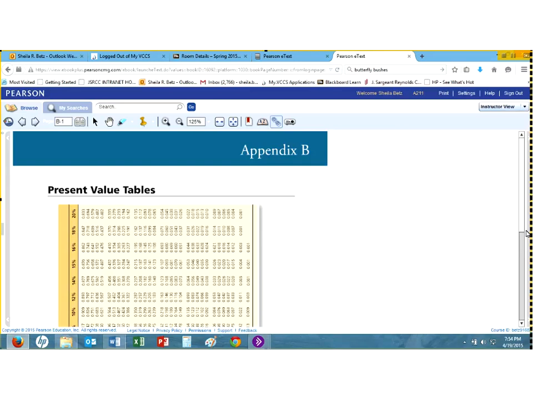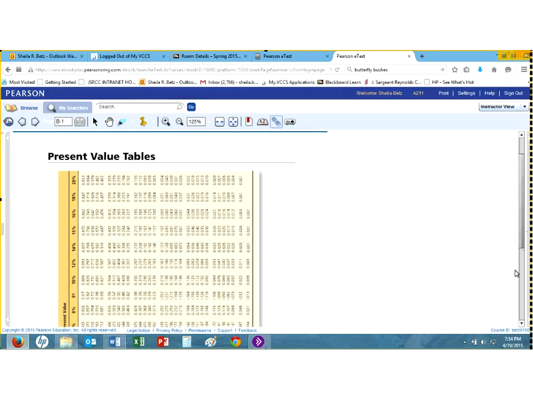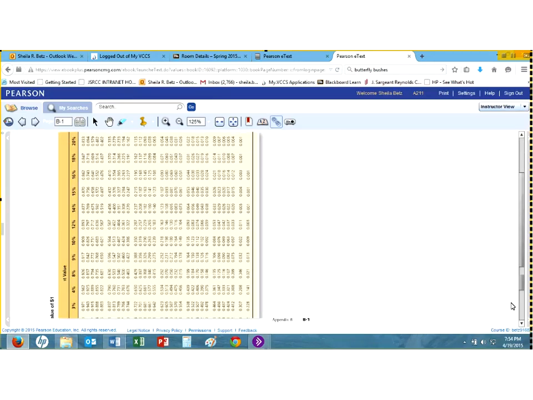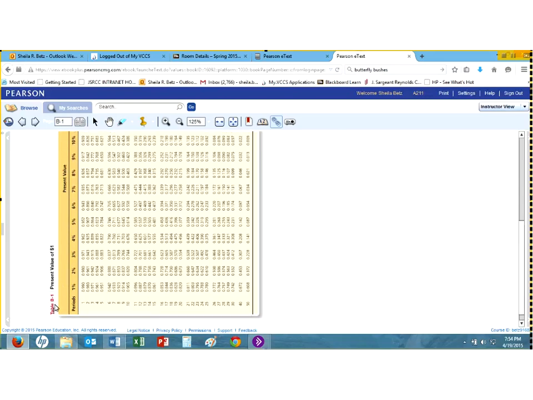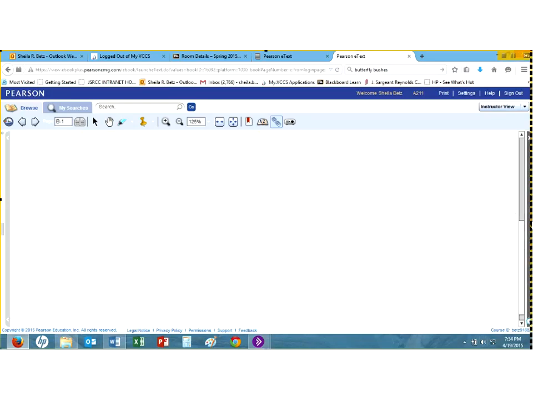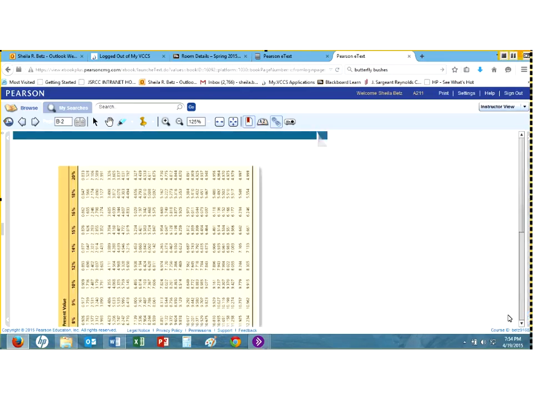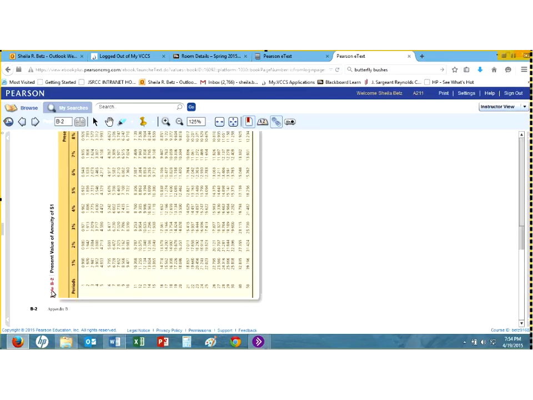You're going to want to put a little sticky tab or sticky note here. We're going to use table B1. It says present value of $1. So we're going to use Appendix B, B-1, and we're also going to use Appendix B, B-2, the present value of an annuity. So those first two tables you will have to use in order to complete these problems.